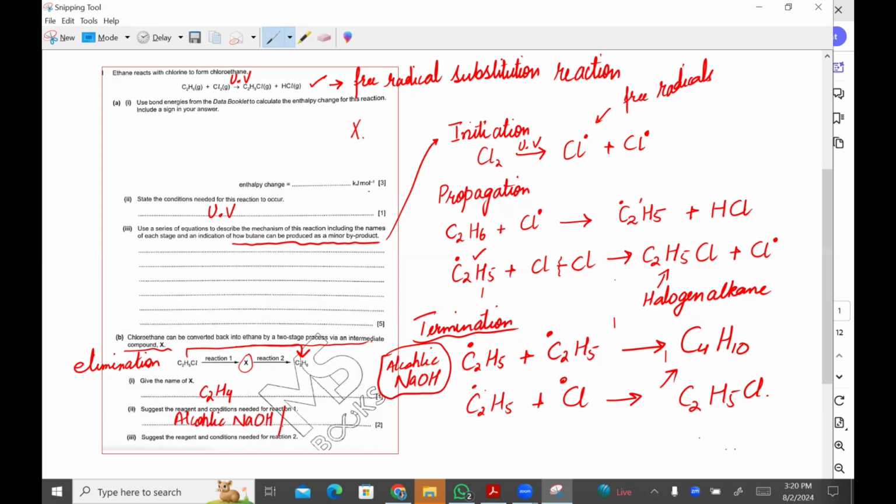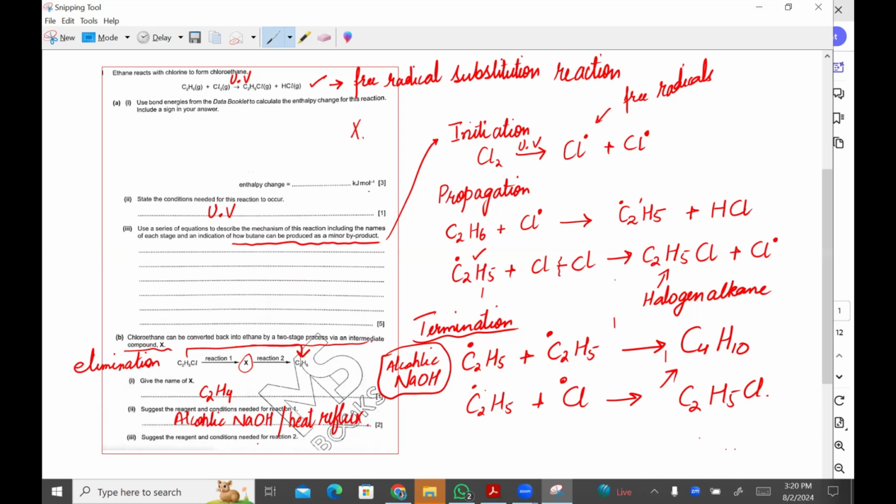And what is another condition for that? I have told you about the condenser, about the evaporation, the vapors that are formed. So what was that? Reflux. Heat under reflux.